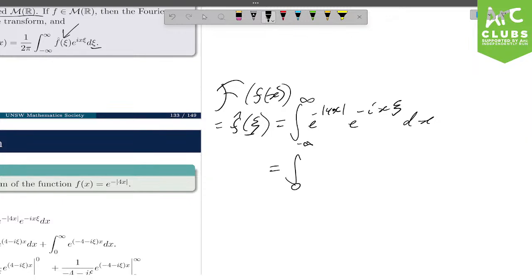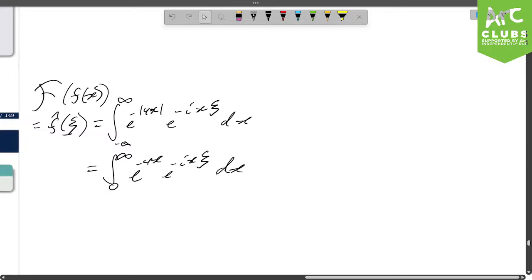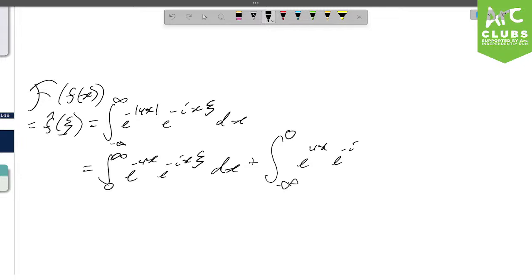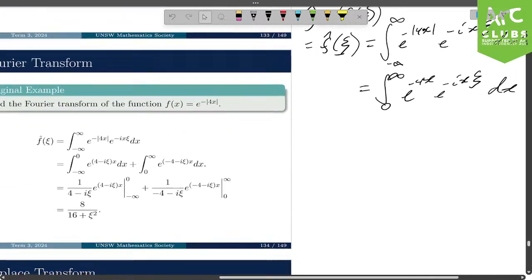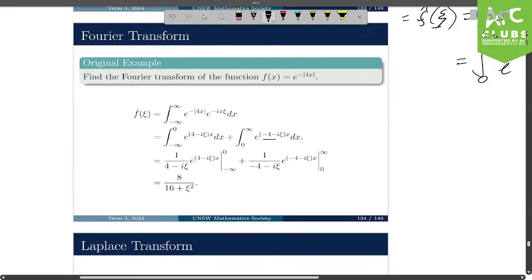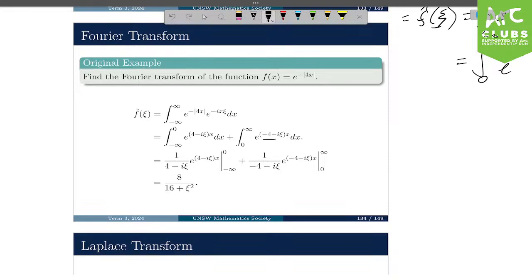So the integral from 0 to infinity of e to the minus 4x, e to the minus i x Gary, and then likewise plus the integral from minus infinity to 0 of e to the 4x, e to the minus i x Gary dx. Okay? And so this is really just grouping them together and then factoring Gary and his friends out to the front.